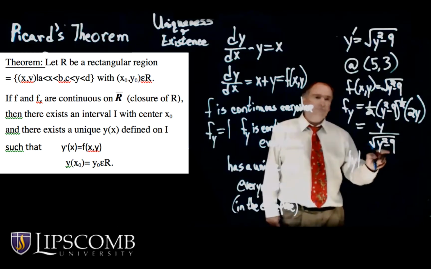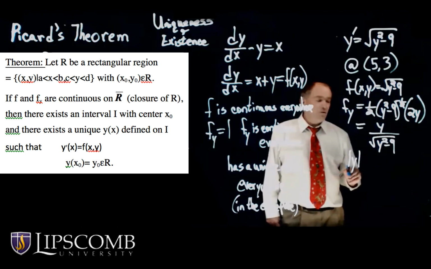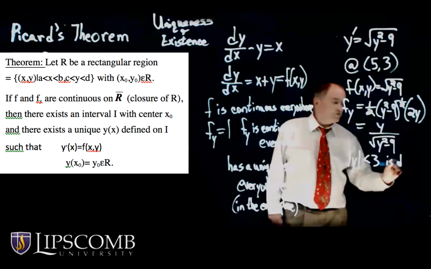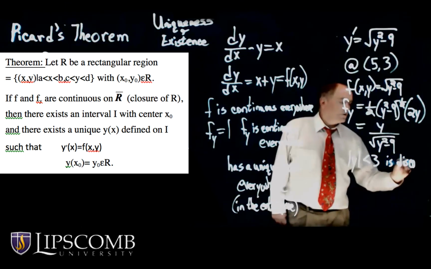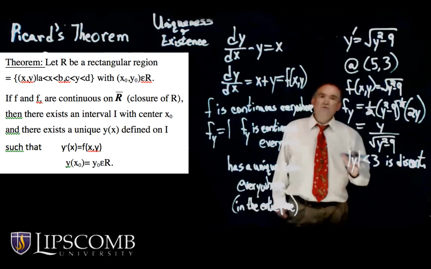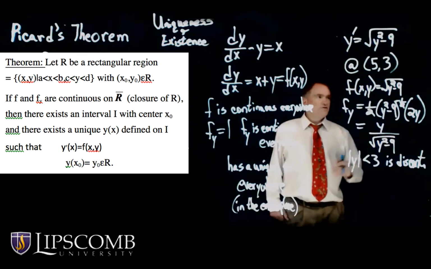This is in the denominator, so I can't have it equal to 3 because I can't have a 0. So less than 3 is discontinuous. The absolute value of y less than 3 makes this discontinuous.